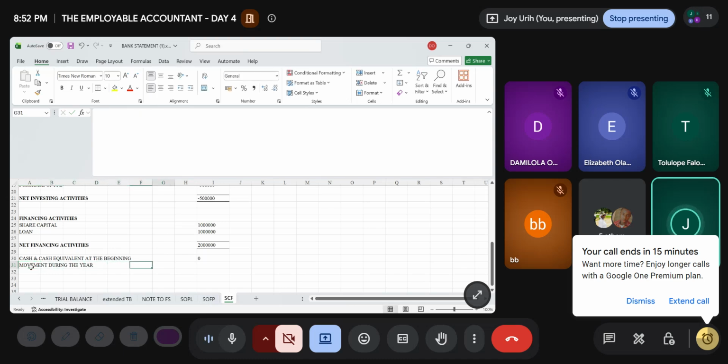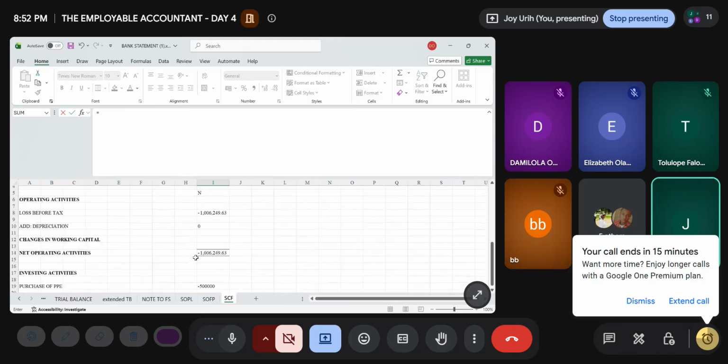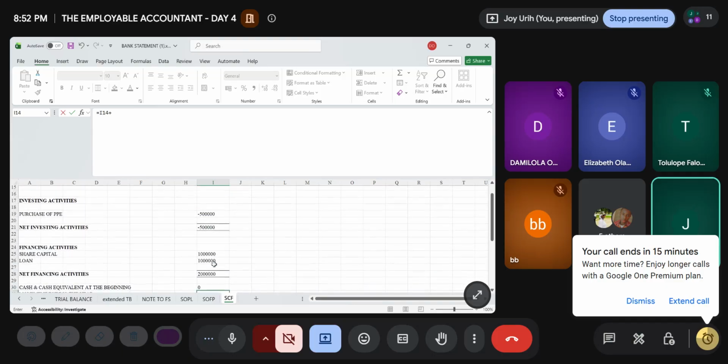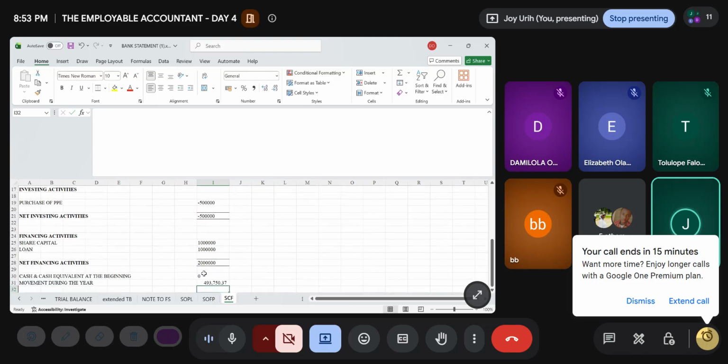So the movement during the year is simply our net operating activities plus our net investing activities plus our net financing activities.